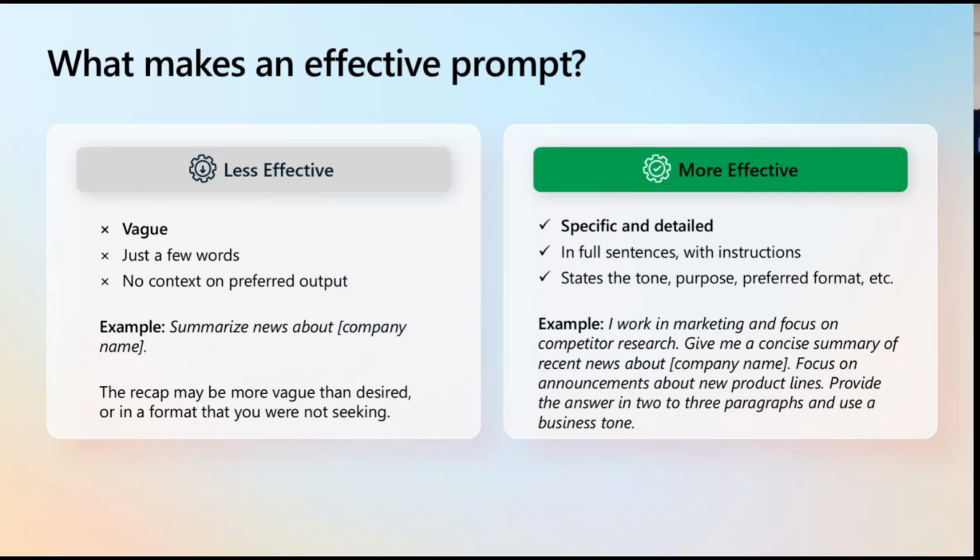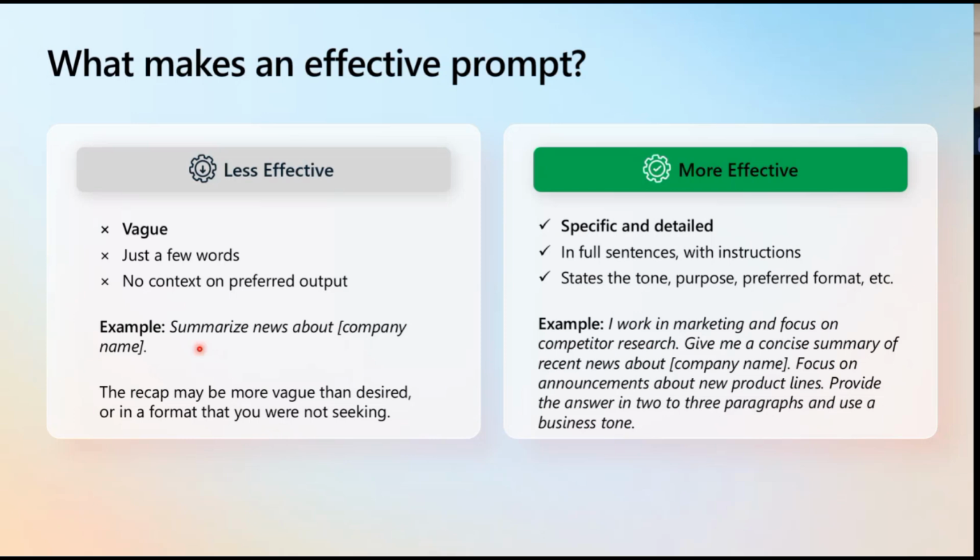Make complete sentences. You could state the tone, the purpose, the preferred format you want. Just make a clear statement, a clear prompt to Copilot, and that will give you even more concise and more direct, perfect results. Then you would know that, okay, yes, you could continue from there.